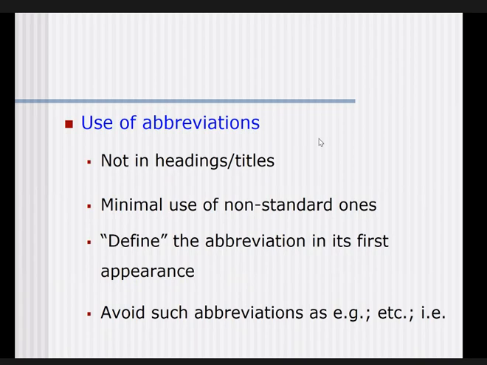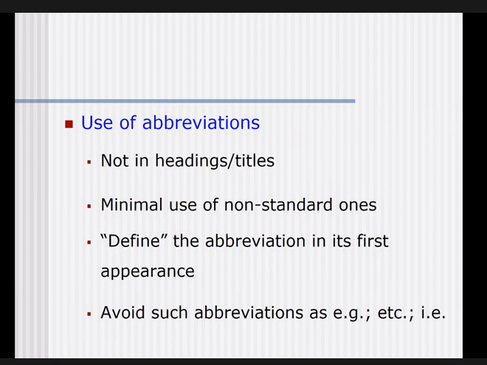Regarding the use of abbreviations, avoid abbreviations in titles or headings. Try to write those abbreviations in full. And minimize the use of non-standard abbreviations. There are some abbreviations you create yourself.